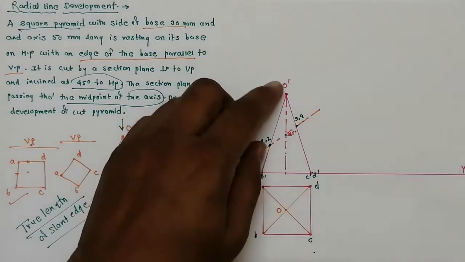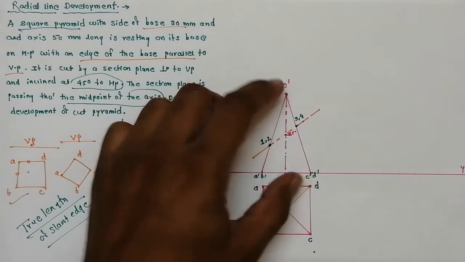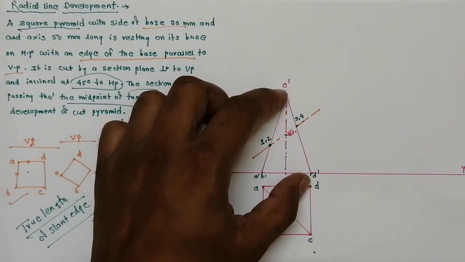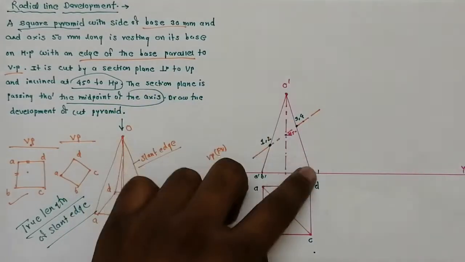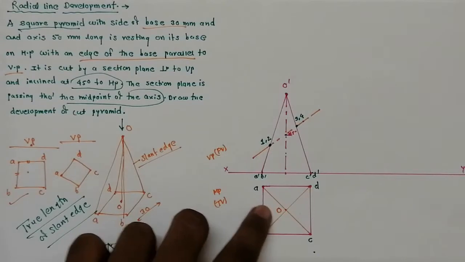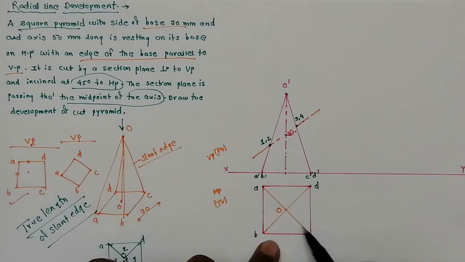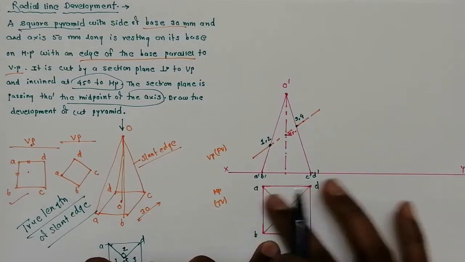Now how to ensure whether O dash D dash or O dash C dash, which represent the slant edge, denote the true length or not? We have to see whether either OC or OD is parallel to XY in the top view. But here, if you see in the top view, OC is inclined and OD is inclined, and both are not parallel to XY.